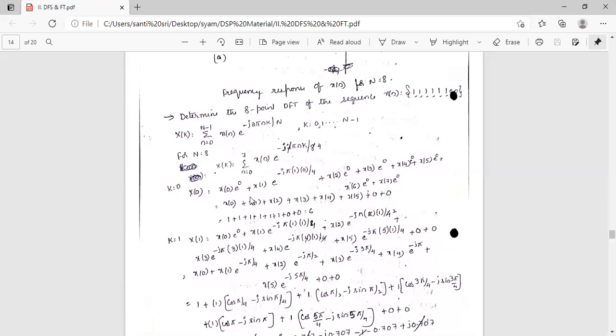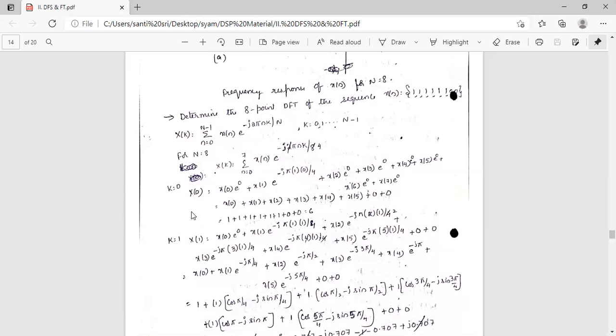So it becomes x of 0 plus x of 1 plus x of 2 plus x of 3 plus x of 4 plus x of 5 plus x of 6 plus x of 7. Here x of 6 and x of 7 are 0 and 0, so these values are all ones: 1 plus 1 plus 1 plus 1 plus 1 plus 1. So it becomes 6. So X of 0 value is 6.